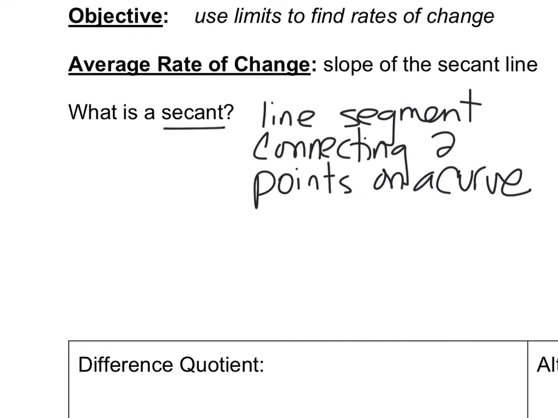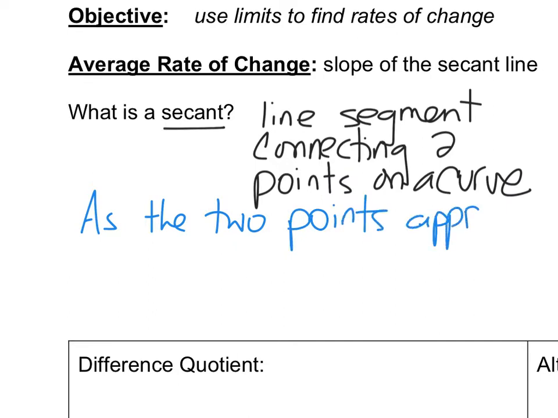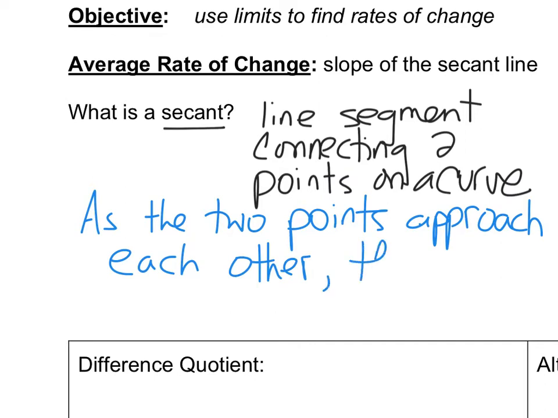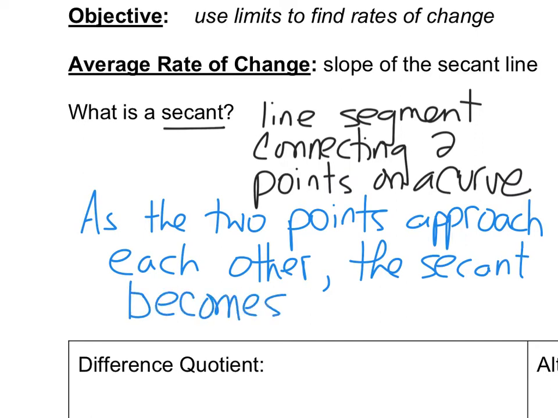As the 2 points approach each other, the secant becomes a tangent. All right, so as the 2 points approach each other, the secant becomes a tangent.